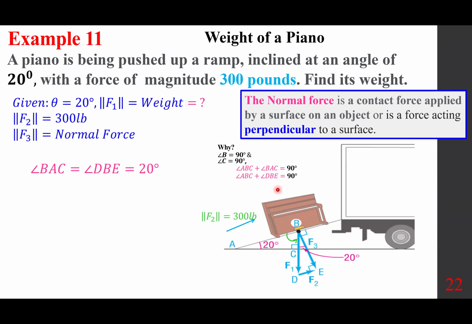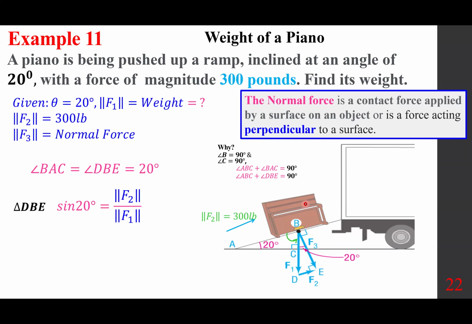But in any event, let's look at this triangle DBE. Sine of 20 degrees is the opposite, which is F2, over the hypotenuse, opposite the 90 degrees, which is F1.